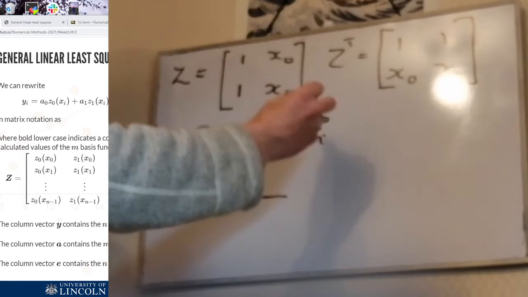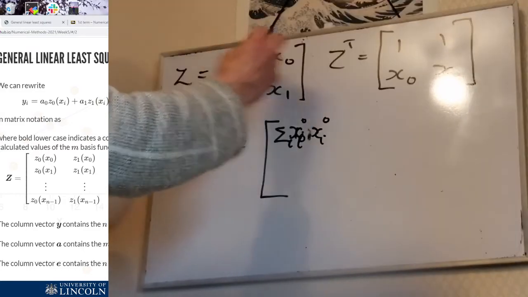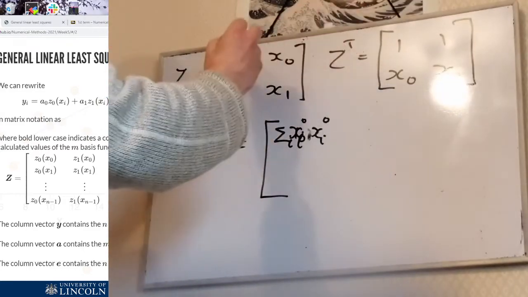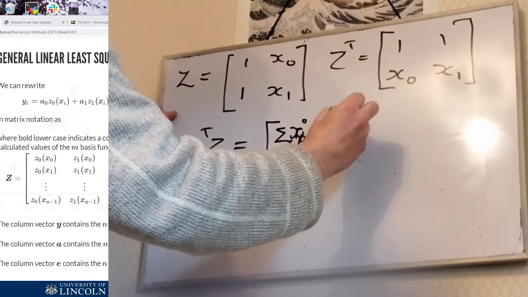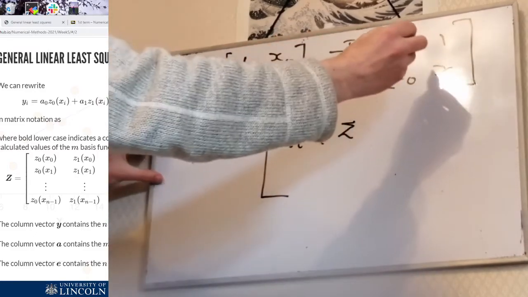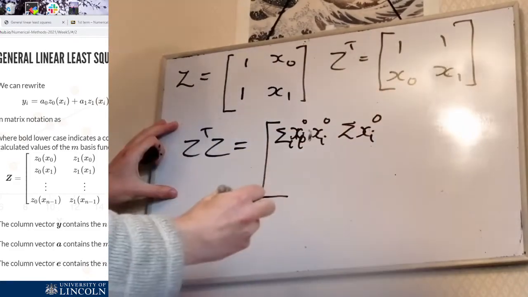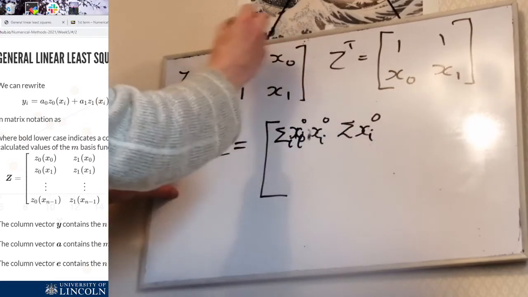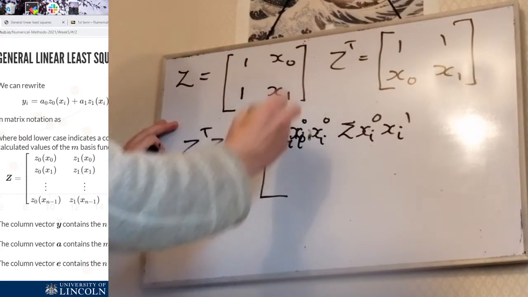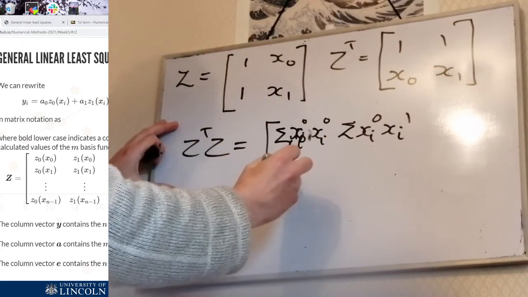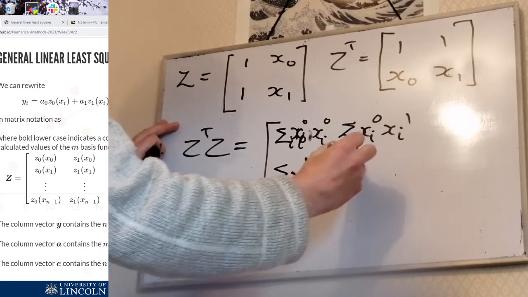And then when I go to the next thing, on this side, I'm going to get the first basis function to 0, and then on this side, going down this second column, 1, 0.